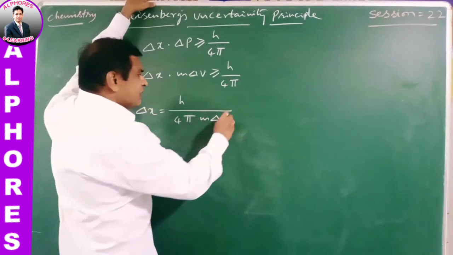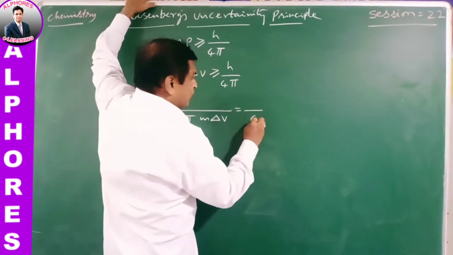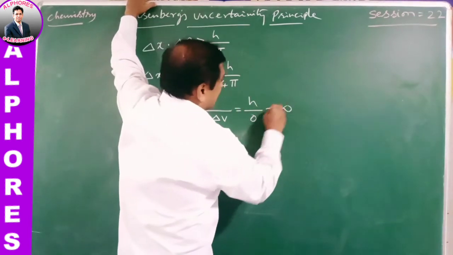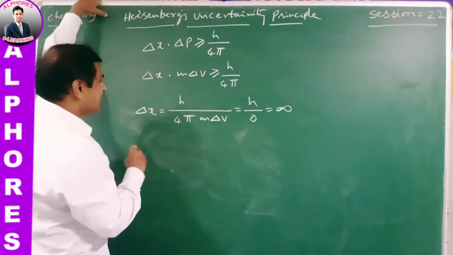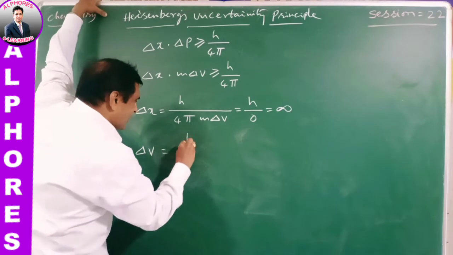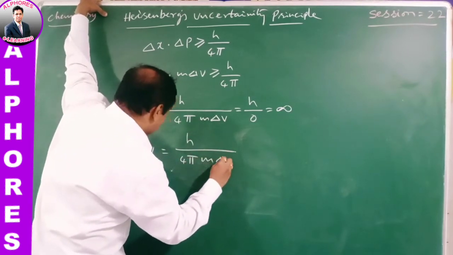When delta v is determined to be 0, then delta x becomes infinity. Similarly, delta v is equal to h by 4 pi m delta x.